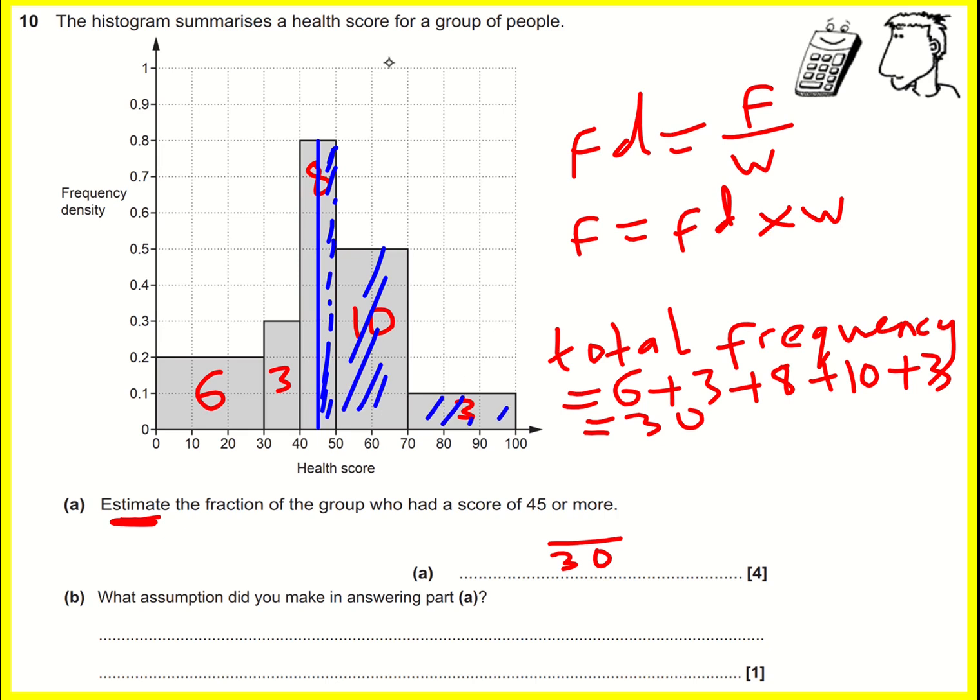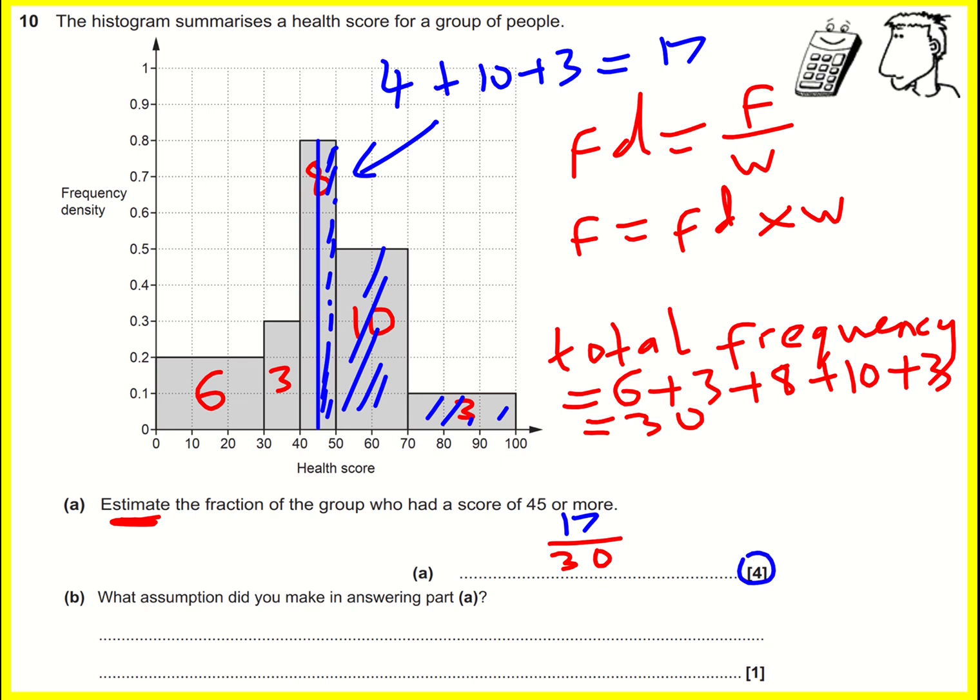So we're going to assume that it's 4. Why am I timesing 4 plus 10 plus 3? That is equal to 17. So estimate the fraction, 45 or more, it's going to be 17 over 30.